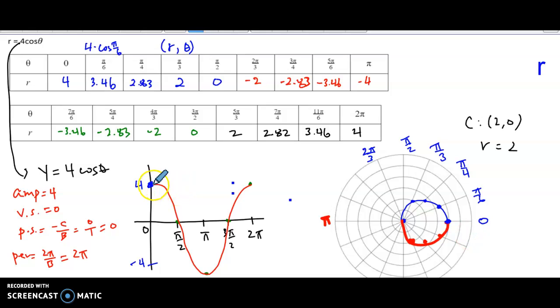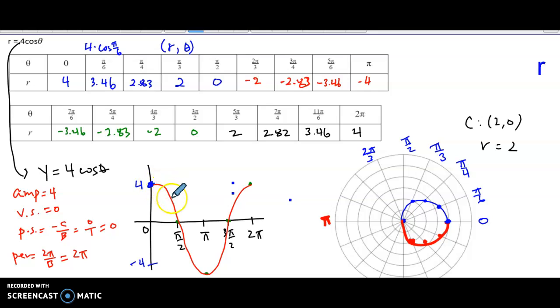And then look, you see how on the trig graph, remember I talked about it's at 4 and these values are getting closer to 0? That's what's going on in the table here. We start at 4 and it's decreasing to 0.